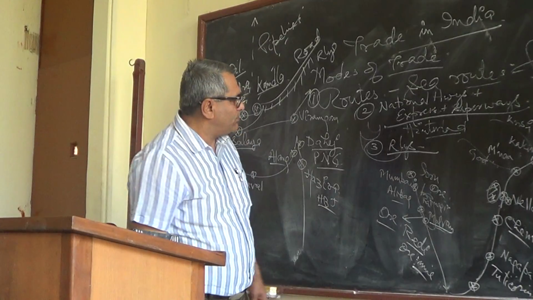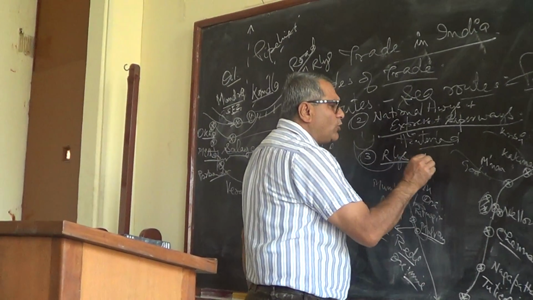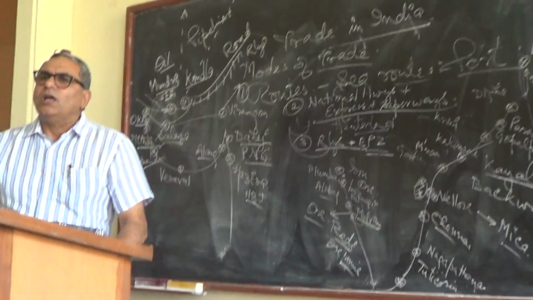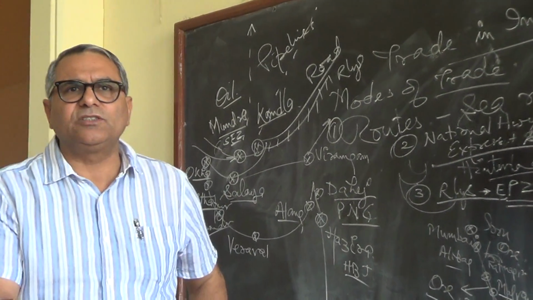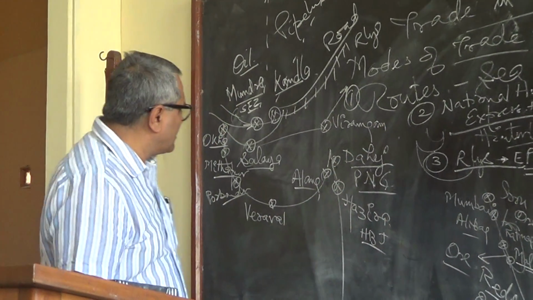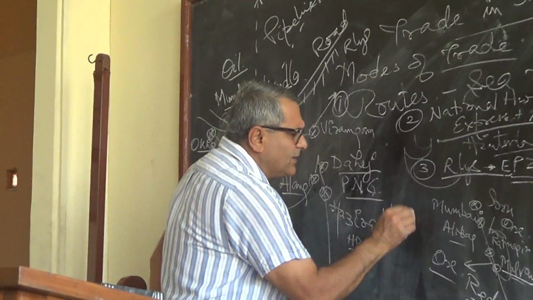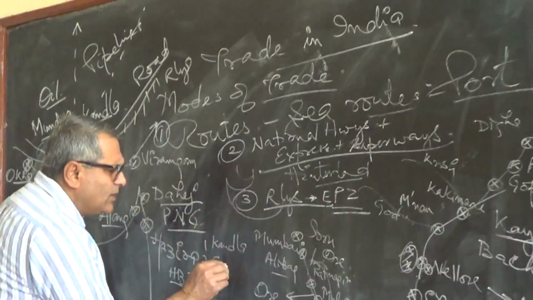With the railway we have developed export processing zones. Initially we had 7 export processing zones. Can you name them? Number 1 was Kandla. Number 2 was Santa Cruz, Mumbai.